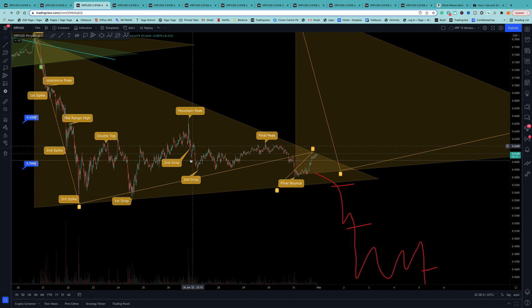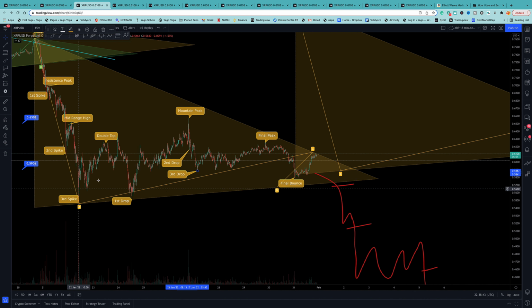Pick one of them. Third drop didn't come very low here, but third drop can be quite handy when it comes lower, because on average now, third drop is lower than final bounce.